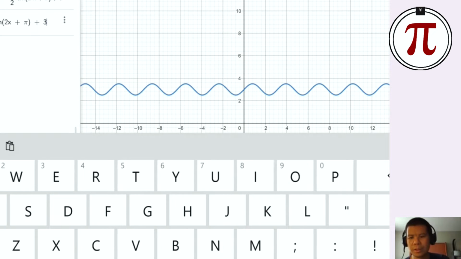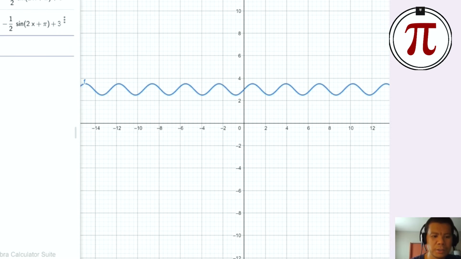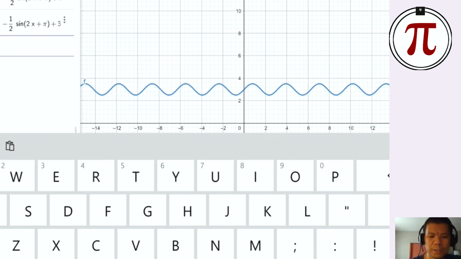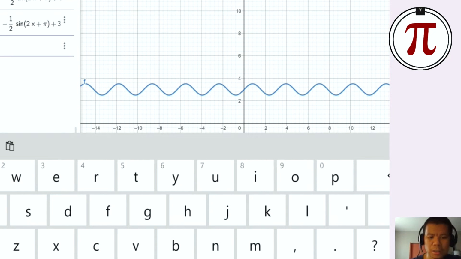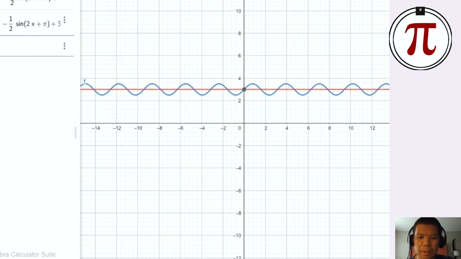Now, here you see that, right? And then the midline is basically something. Let me just add another one. Here is y equals 3, right? So y equals 3. You can see this is the midline. The midline is simply what?